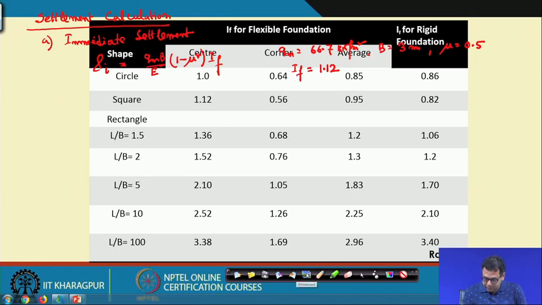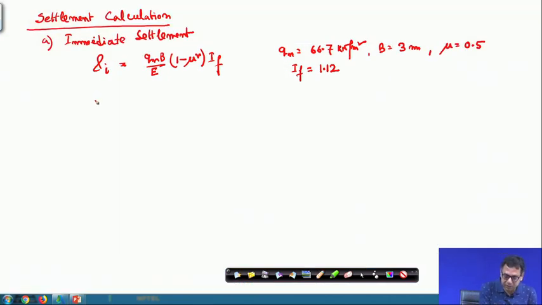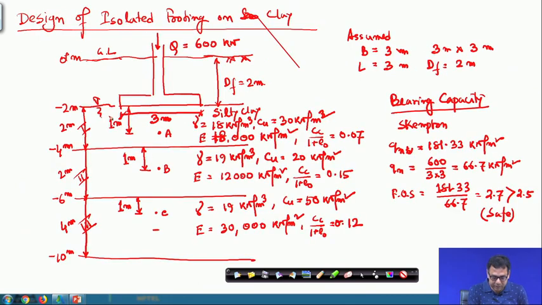So, next one, the Qi value will be Qn 66.7, B is 3, (1 minus 0.5 square) into 1.12, and for the E value, if I go back to the problem, it is 6 meter and E value is different for different layers. As I mentioned, I will take the weighted average of this E value.